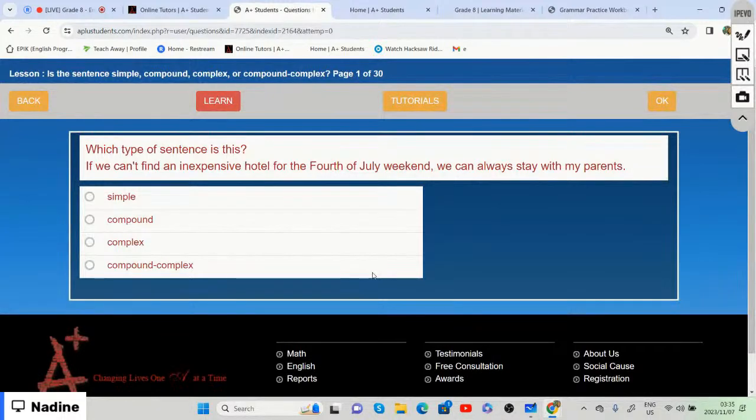Or is it a compound sentence, which joins two simple sentences with a coordinating conjunction, which is and, but, or so? Or is it a complex sentence, which has a dependent as well as an independent clause? Or a compound complex?